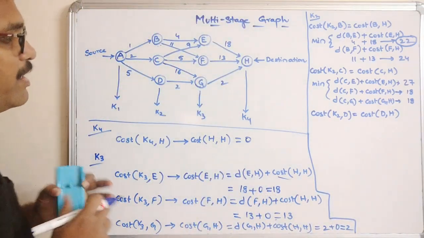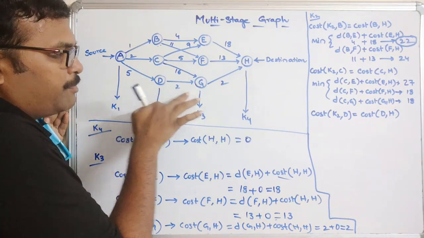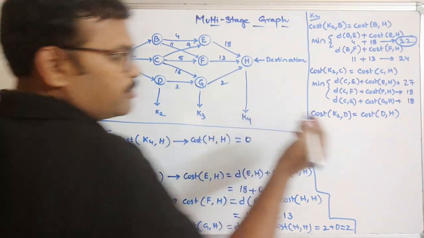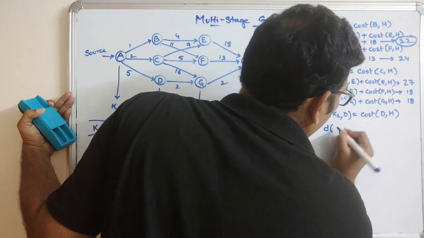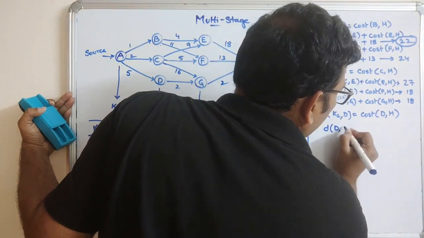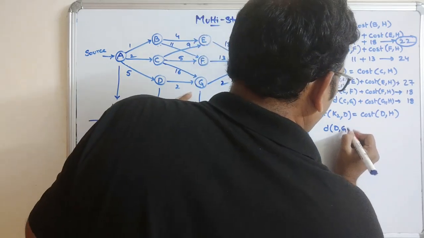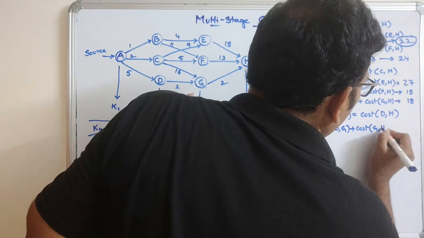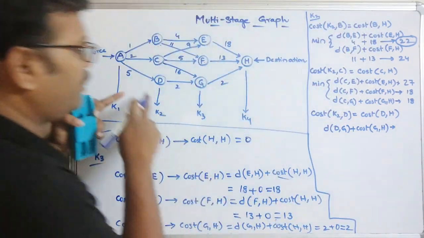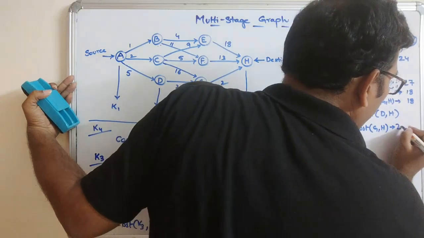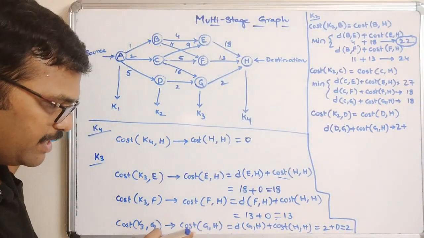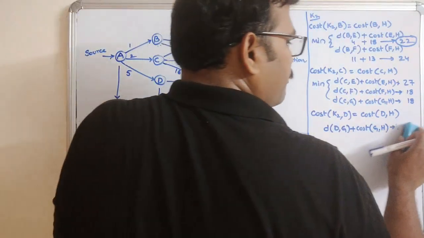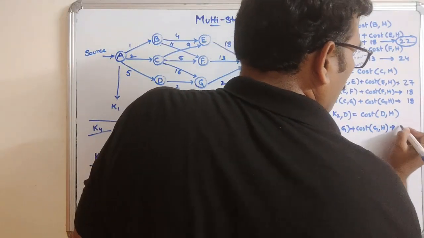No, because only one path is there from D to H. There is no other outgoing edge, only one edge is there. So we can write it as D of D to G plus cost of G to H, which gives D to G, it is 2 plus cost of G to H, again it's 2. So 2 plus 2, which is 4.